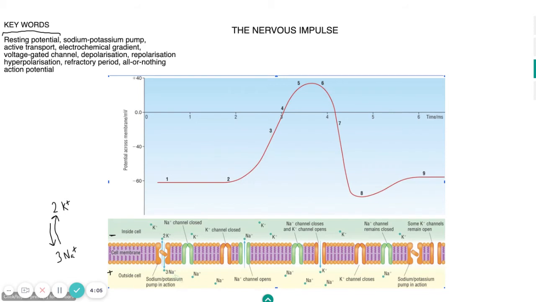So now that loads of sodium ions have been pumped out, we have established the resting potential of minus 60 or minus 70 millivolts, whichever you want to say, it doesn't matter. Okay, so now it's ready to go.